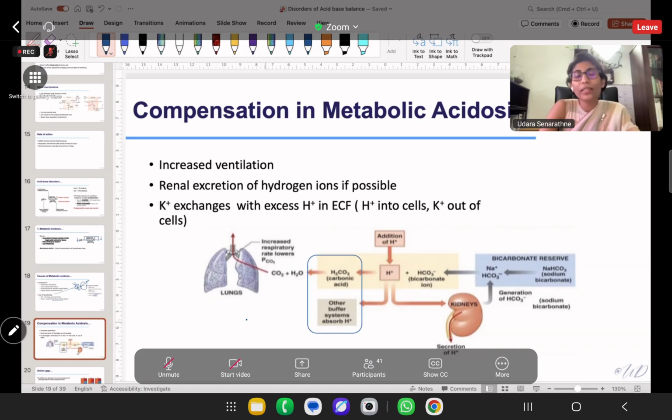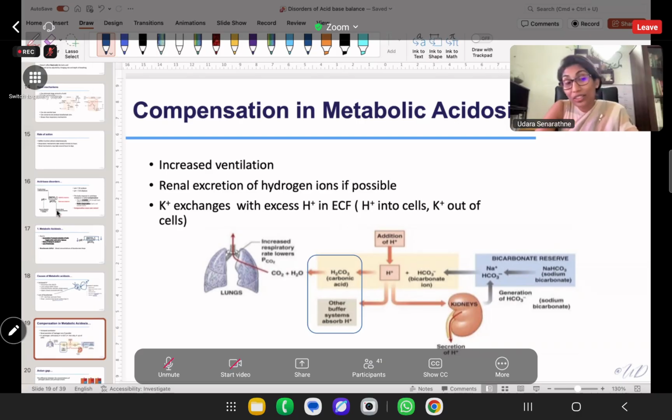So how do you excrete more carbon dioxide? Yes. How would you do that? Through lungs. Your respiratory rate needs to increase. Yes, very good. Hyperventilation. So by increasing your respiratory rate, you can expel more carbon dioxide.